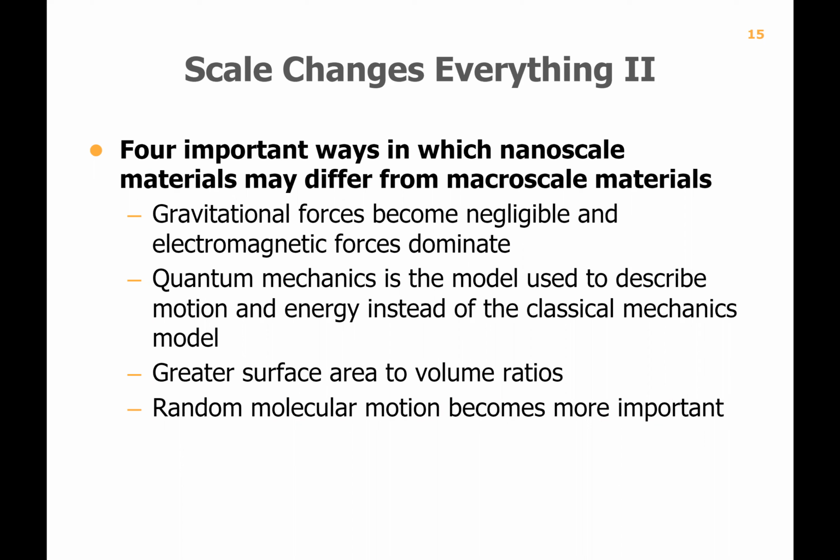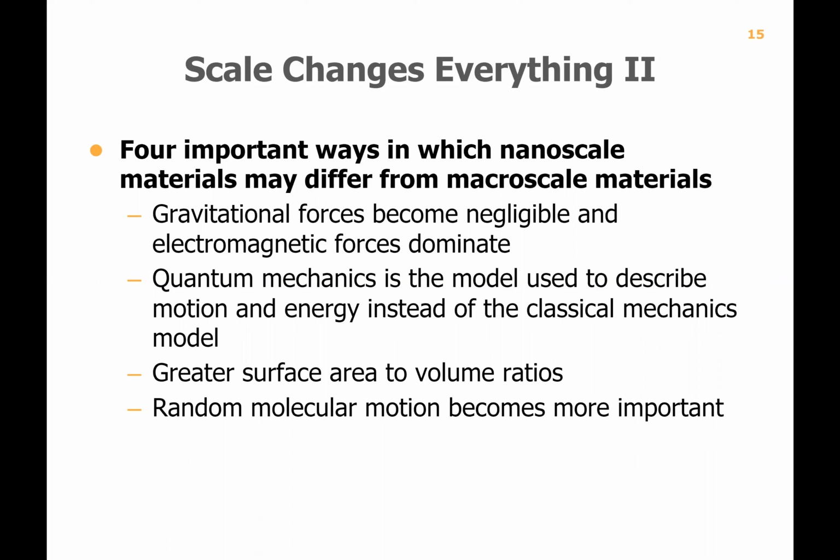Four important ways in which nanoscale materials may differ from macroscale materials are: gravitational forces become negligible and electromagnetic forces dominate, and this is because the mass and size is so small for nanoparticles. Quantum mechanics is the model used to describe motion and energy instead of the classical mechanics model.